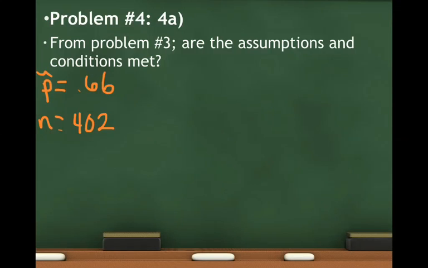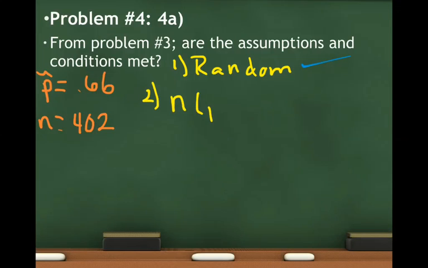The first thing we want to check is to make sure they took a random sample. You could pause the video, go back and see, was this a random sample? If you went back, you should say, yes, they took a random sample. That's good to go. What we want to check next is independence. We want to take our sample size times the sample proportion p hat, and that should be greater than or equal to 10.